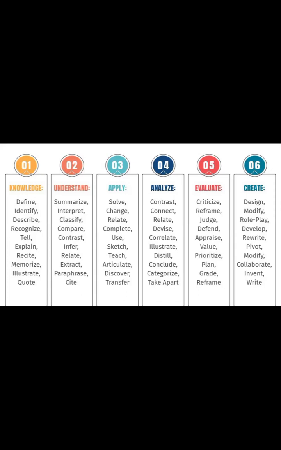That's why I have been told to ask: classify, interpret, relate, devise, connect, reframe, modify, role play, rewrite, pivot role. So teachers, when I made all the notes using these terms, I personally feel that this concept of asking questions will definitely raise the vocabulary level of the students, right?